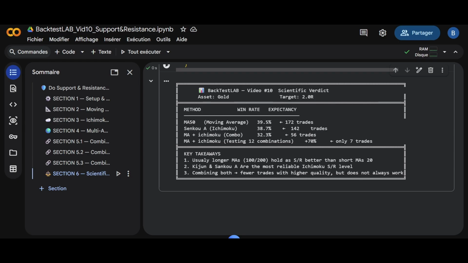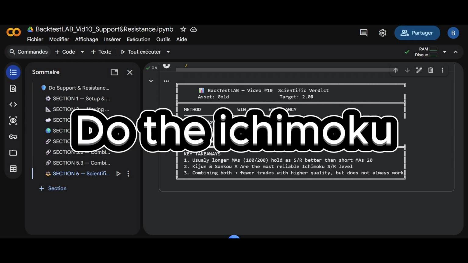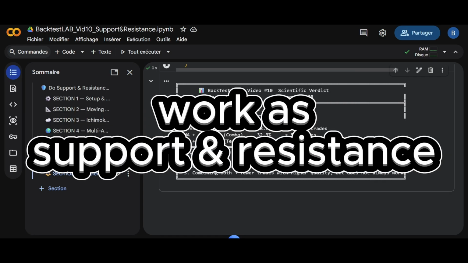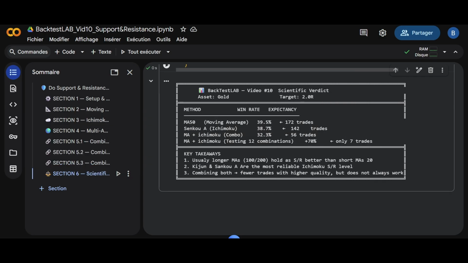To conclude, we need to go back to our main question here. Do the Ichimoku and moving averages work as support and resistance? And clearly the answer is not always. As you can see, we tried by testing the gold, and on the moving average 50-day here we had around 40% win rate with 172 trades.